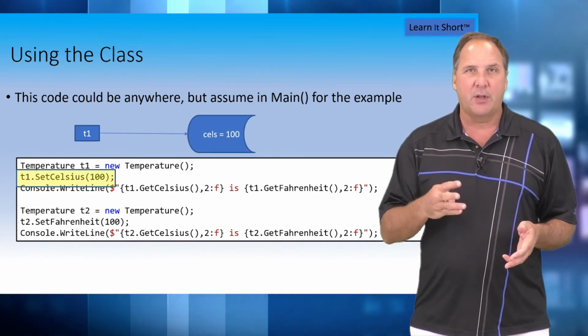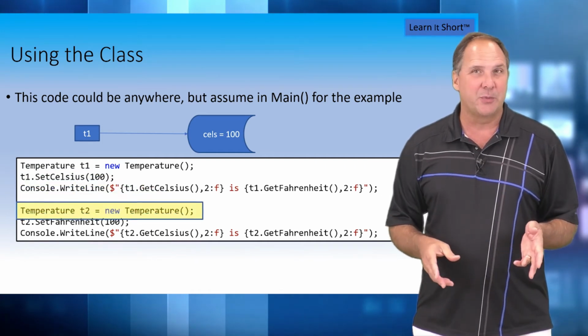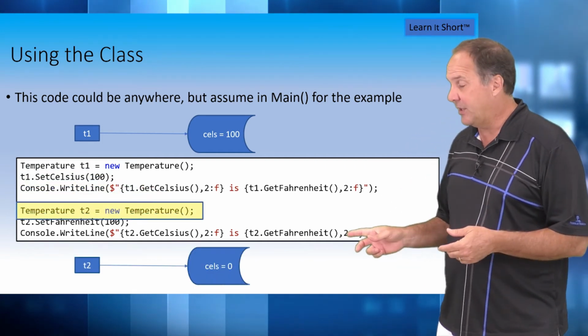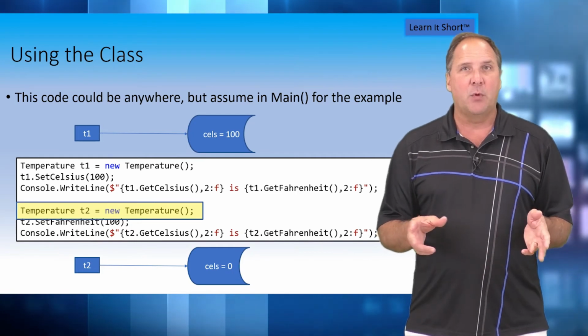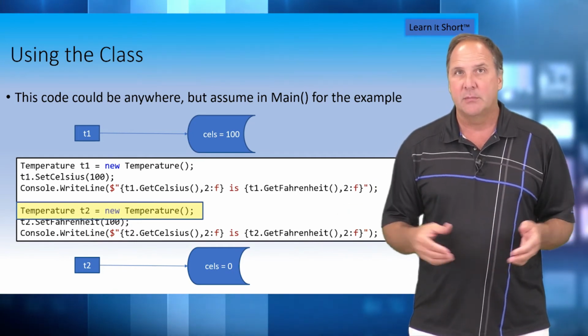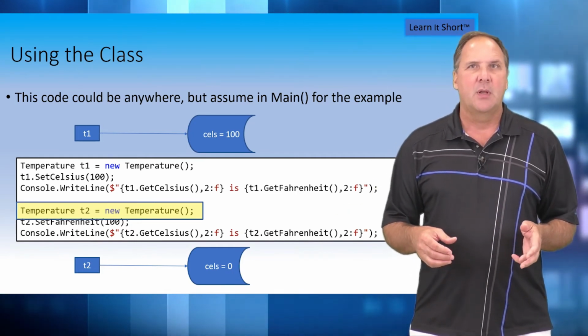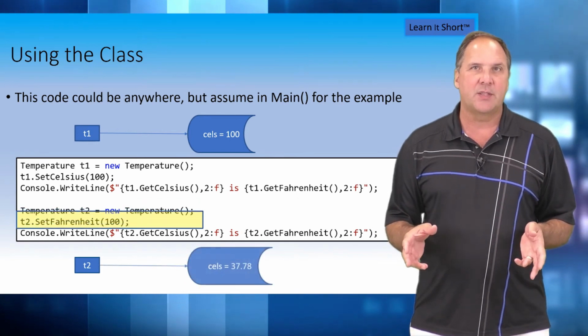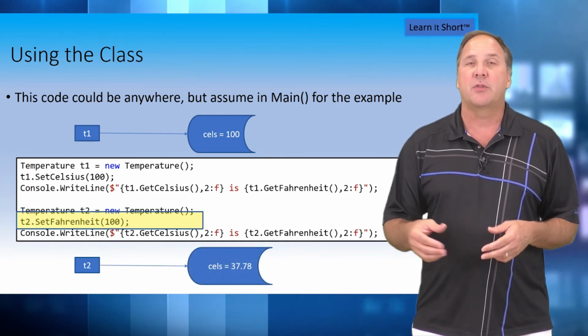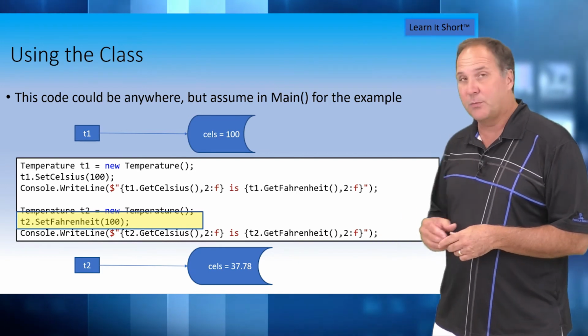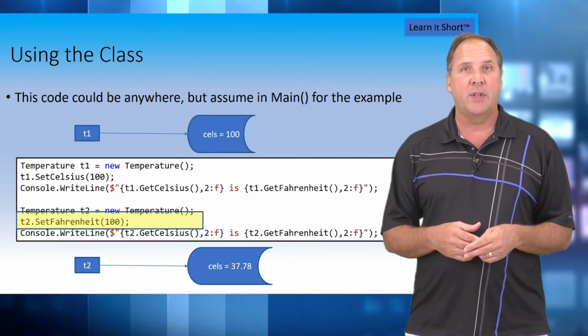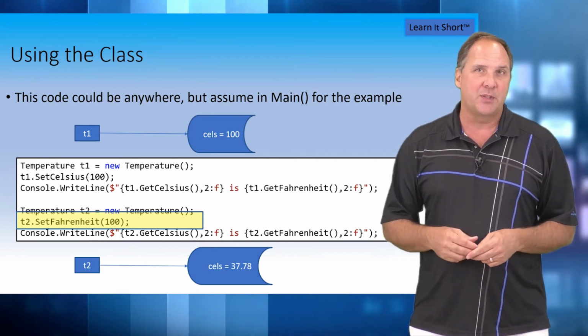On the fourth line of code here, we create another temperature object, the variable T2, and it will refer to another temperature object. We use the set Fahrenheit method to set the value, which then converts to 37 Celsius, which is the internal value of the object. So we have two different objects in memory.